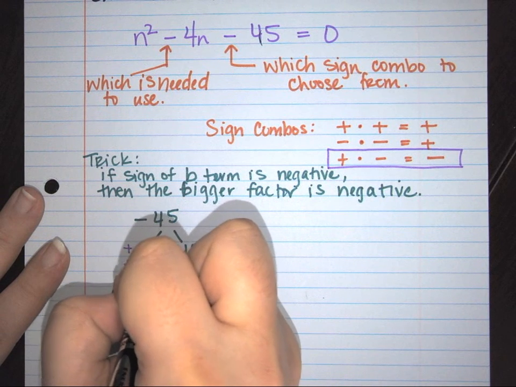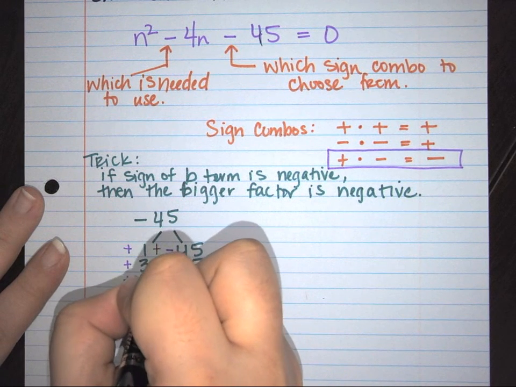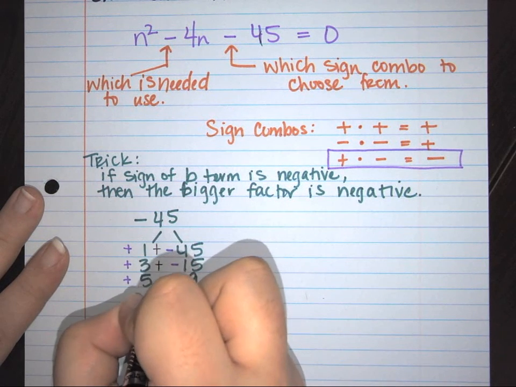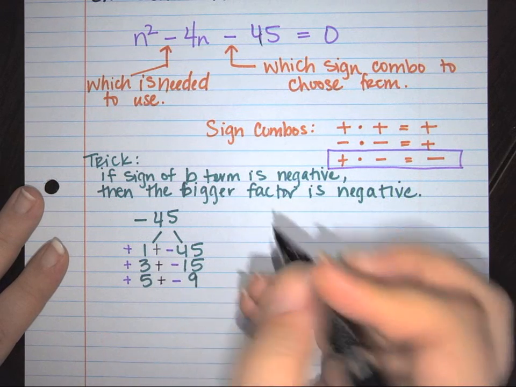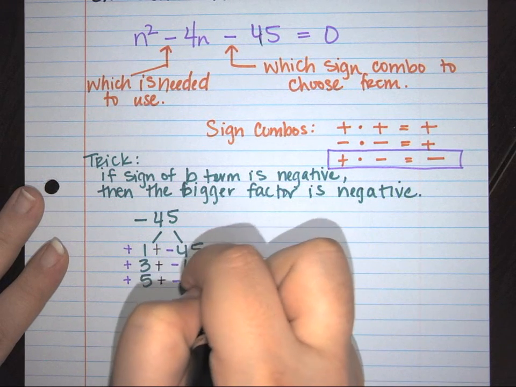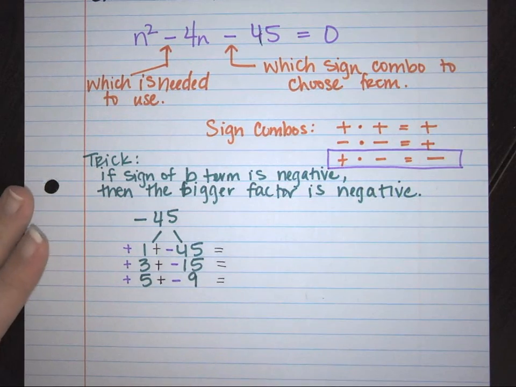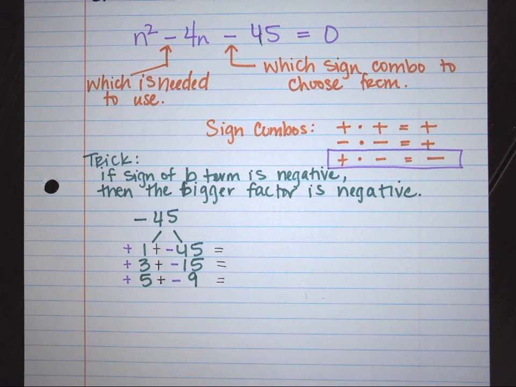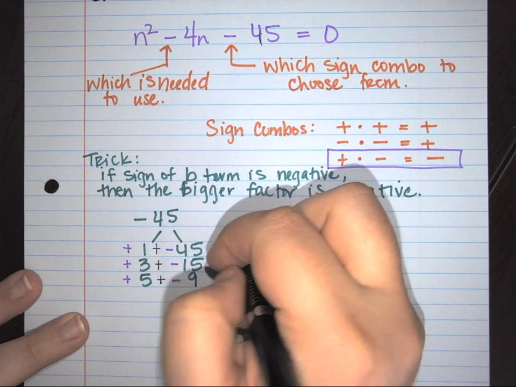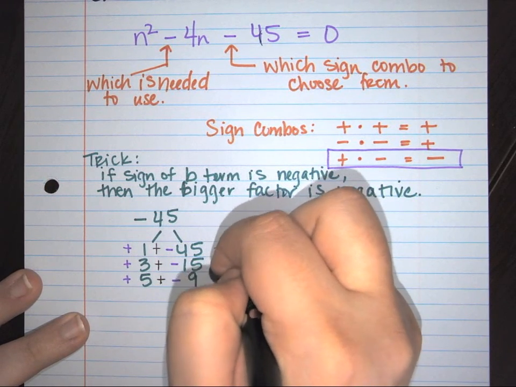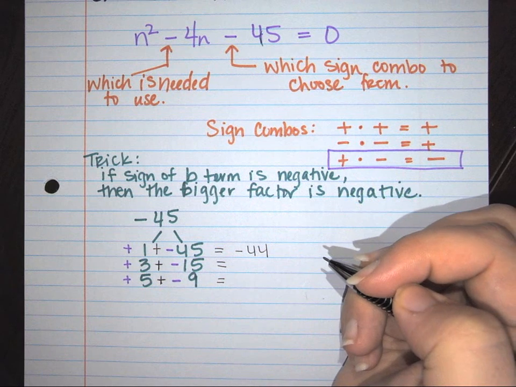I am adding these factors together, and I am looking for which combination of these is going to give me negative 4 as a result. So I have 1 plus a negative 45 gives me a negative 44.